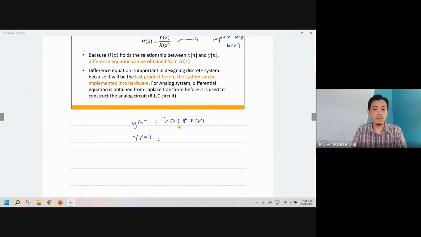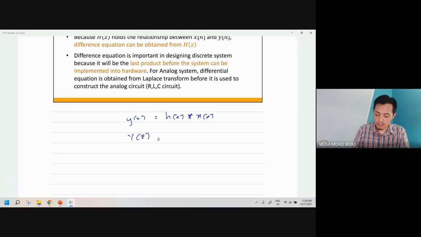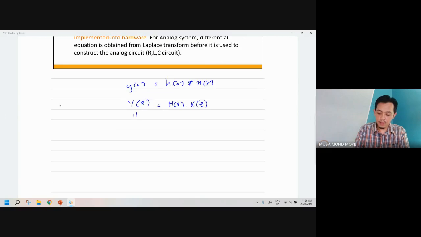That is one property of the Z transform, so you can check back our last class where we covered this. So this is multiply. Then we have the H(z).